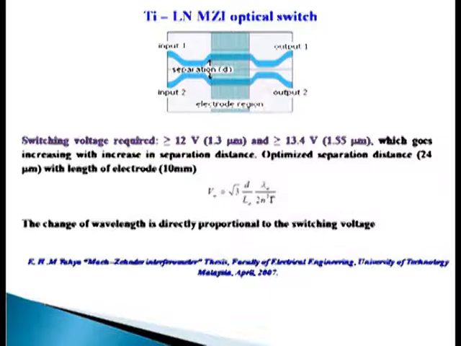They keep on changing the material of which the structure is made. He used titanium lithium niobate and came up with a design, and for this particular switch the switching voltage requirement was 12 volt, which is again high. However, he has shown that the change of wavelength is directly proportional to the switching voltage. In this line he has come up with a new innovation.